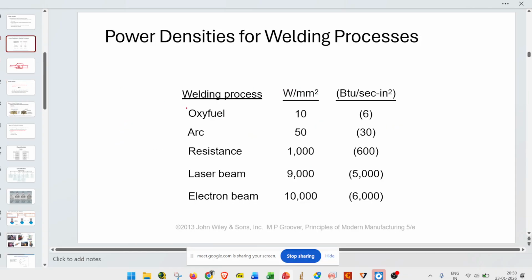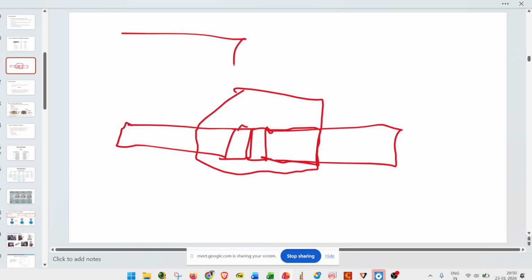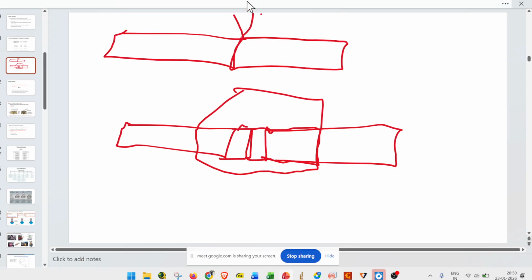But in laser and electron beam welding, because of the high power density, once the beam arrives it immediately starts forming the weld bead with deeper penetration.